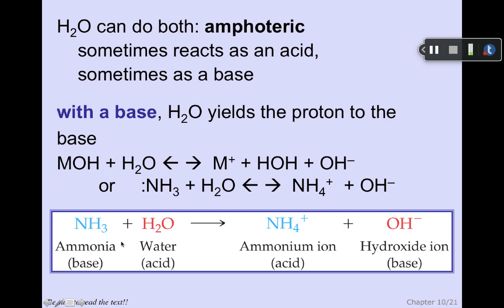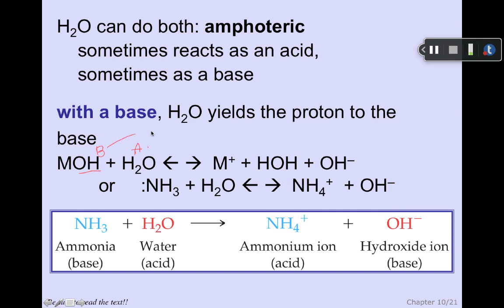If you put water with a base, water will give up its proton to the base. And there's a couple different ways that can happen. Sometimes you'll have metal hydroxides where water is going to behave as an acid. A metal hydroxide is always the base. And in this case, the base is the hydroxide ion specifically because the metal is a spectator ion.